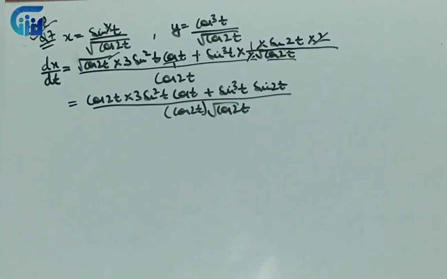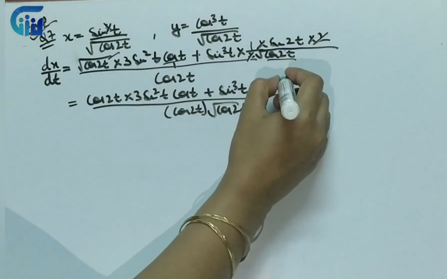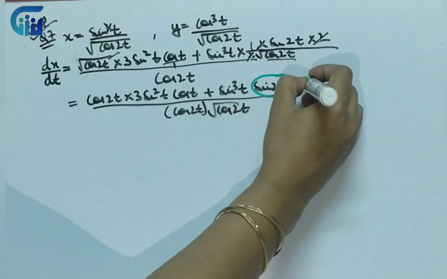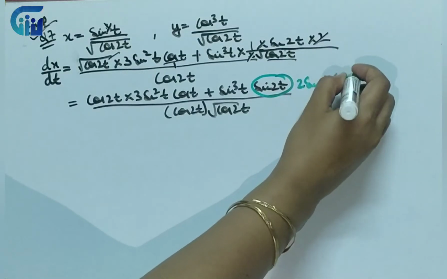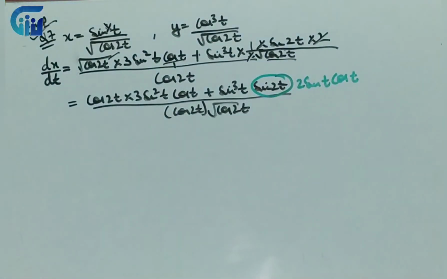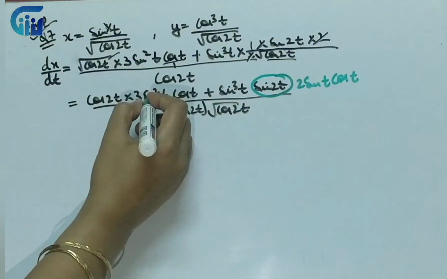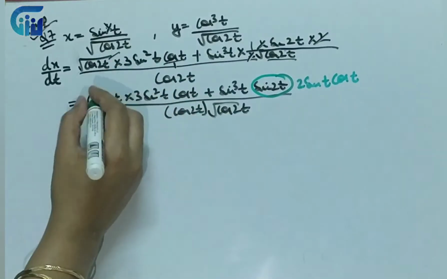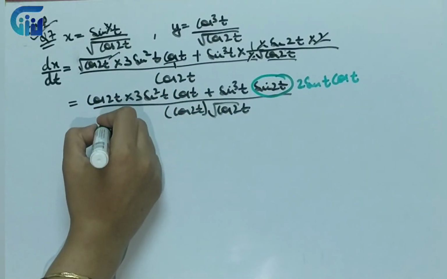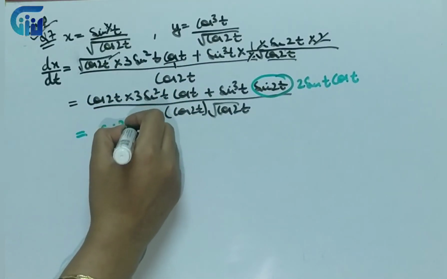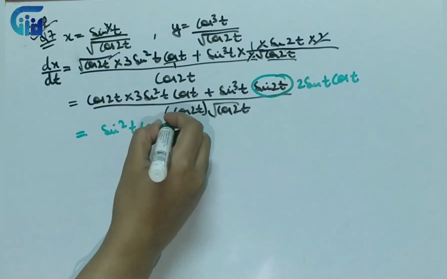Now I will take common factors. In place of sine 2t, I will write 2 sine t cos t, so that when we take common, it is easy for us. Over here I can take sine square t and cos t common.